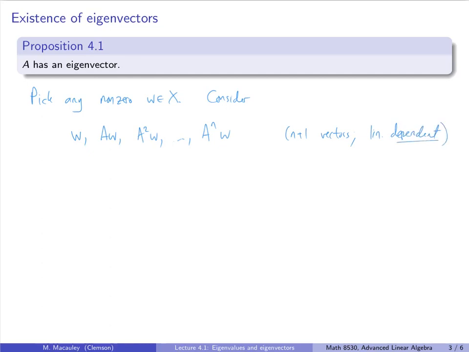That is the key there. So this means that there is some non-trivial linear combination of these vectors that is 0.